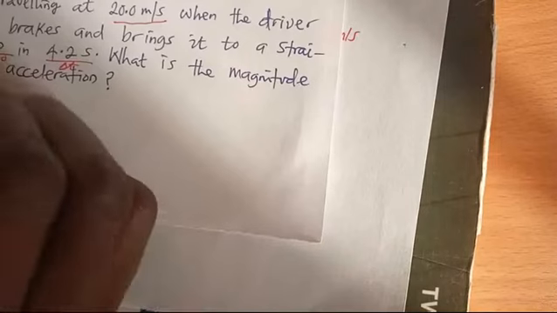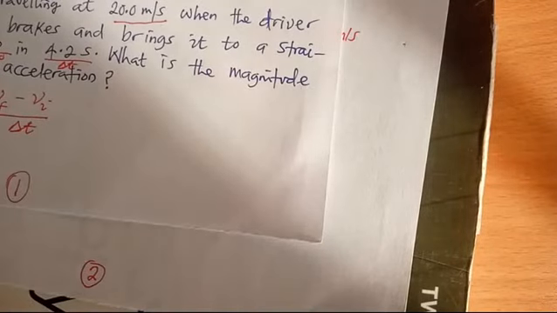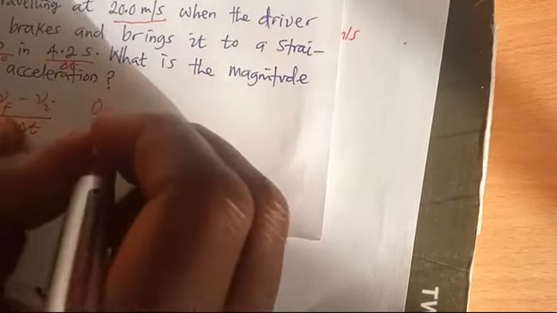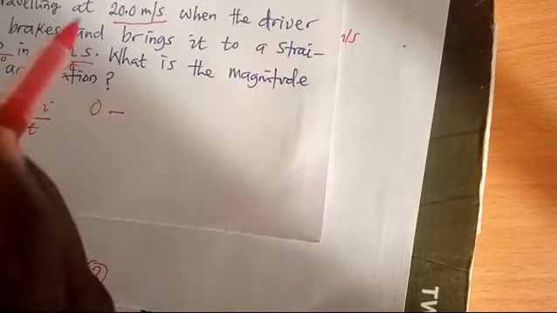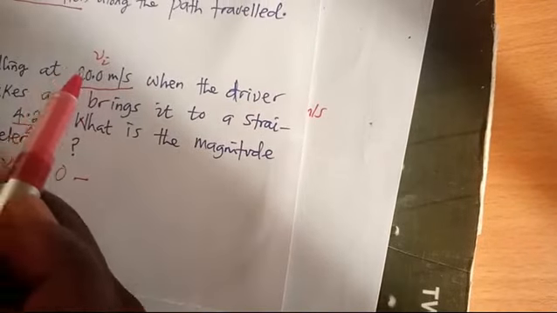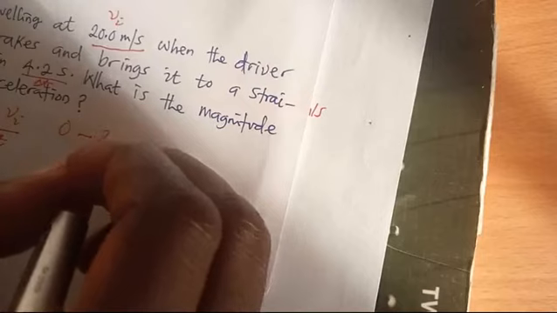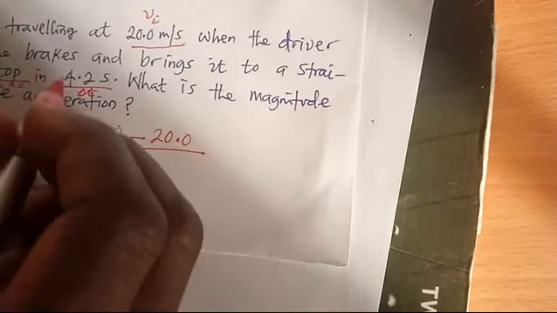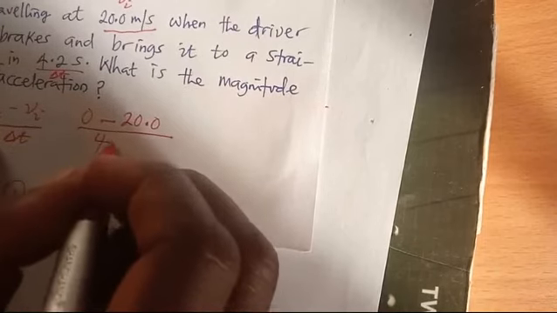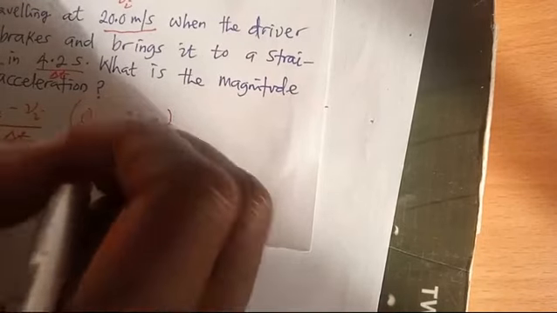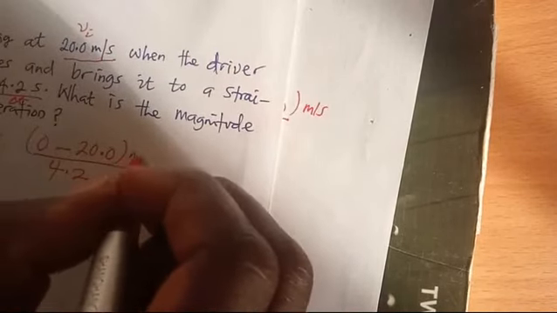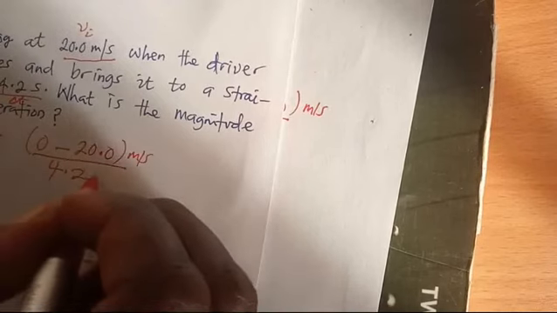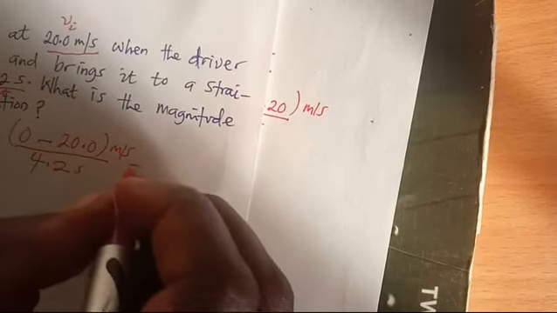Our v final is 0 because it is brought to rest, so we have 0 on top minus our initial velocity. Look, we were given 20, so this is 20.0 divided by the time taken, 4.2. Everything in the numerator is in meters per second, and then the denominator in seconds because it is time.